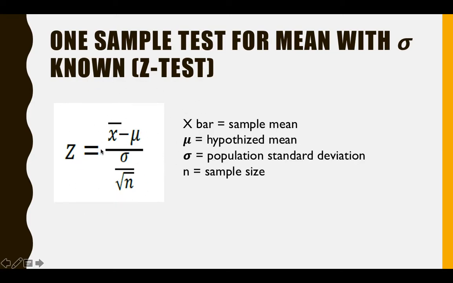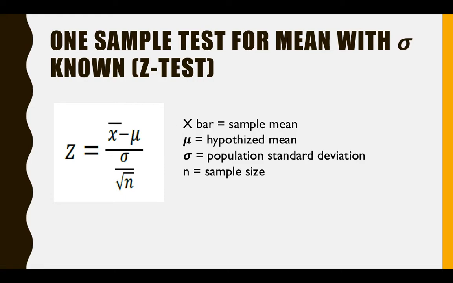So z equals x bar, the sample mean, minus the hypothesized mean, divided by the population standard deviation divided by the square root of the sample size. Remember, you can only use the z-test if you know the population standard deviation.